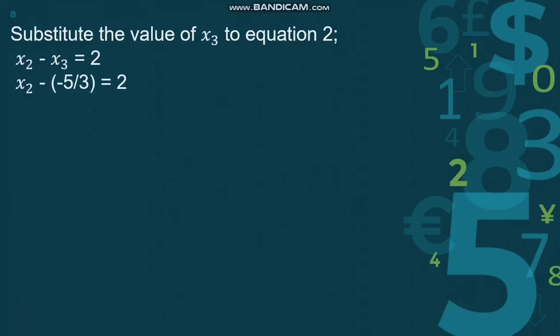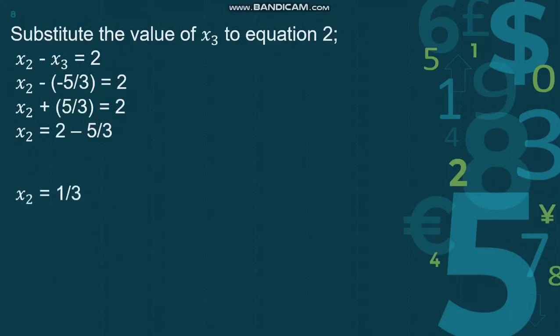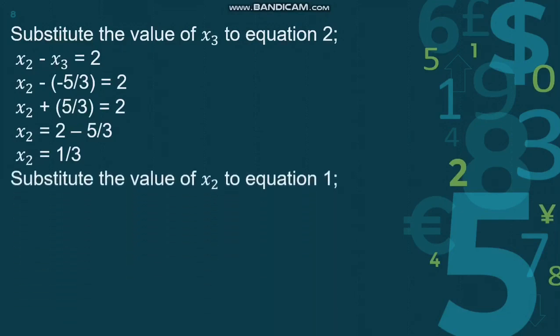X sub 2 minus negative 5 thirds is equal to 2. X sub 2 plus 5 thirds is equal to 2. Then, x sub 2 is equal to 2 minus 5 thirds. Then, we will get the value of x sub 2, that is 1/3.